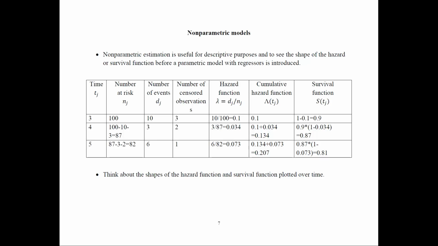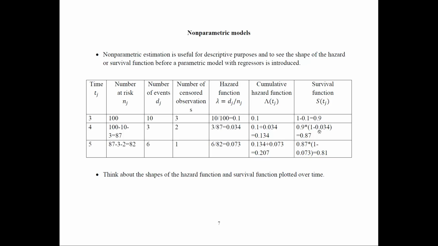So the cumulative hazard function, we would just accumulate it, this plus that: 0.1 plus 0.034, and we would have 0.134. The survival function, on the other hand, would be 0.9. Those are coming from the previous period, and you would multiply that by the ones that are surviving from this period.